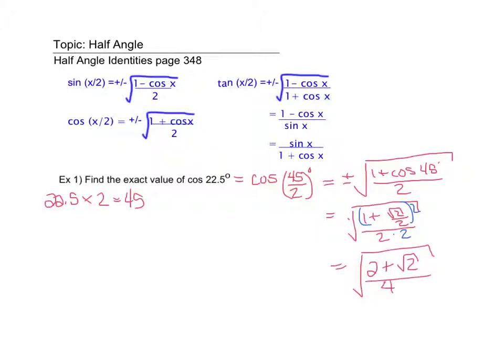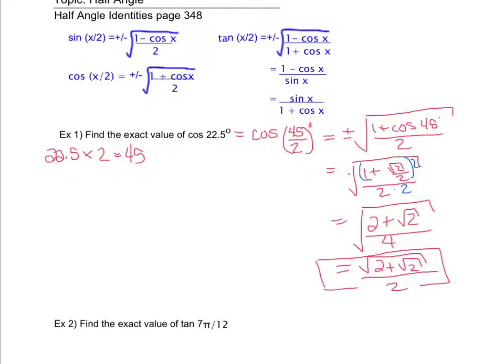And since I can take the square root of the top and the bottom separately, the radical of 4 is just 2. So I'm going to get the square root of 2 plus radical 2 all over 2. And I'm going to go ahead and leave that as my exact value. It's not a very nice value, but it's my exact value.